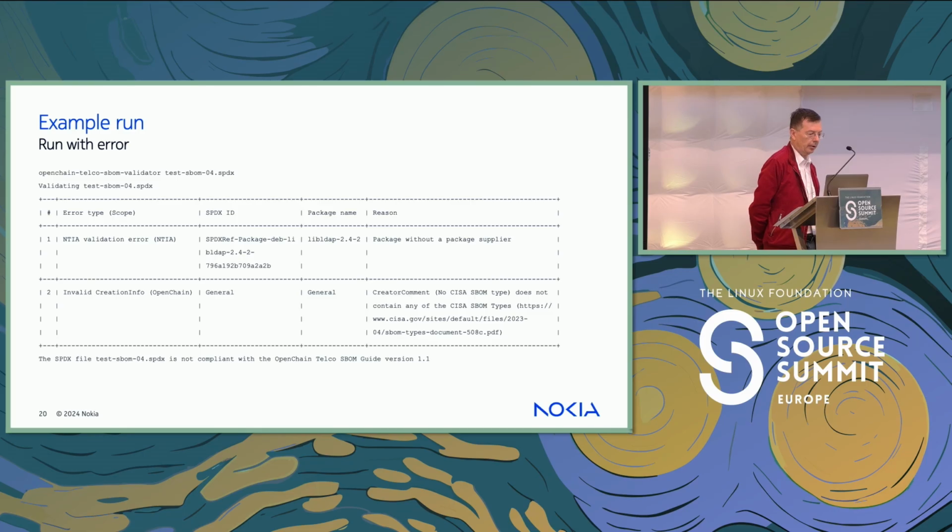The first error is that for a given package, libldap 242, you didn't provide a package supplier, and this is an NTIA error. And the second error we have here is in the creation info field, you didn't provide the CISA SBOM type.